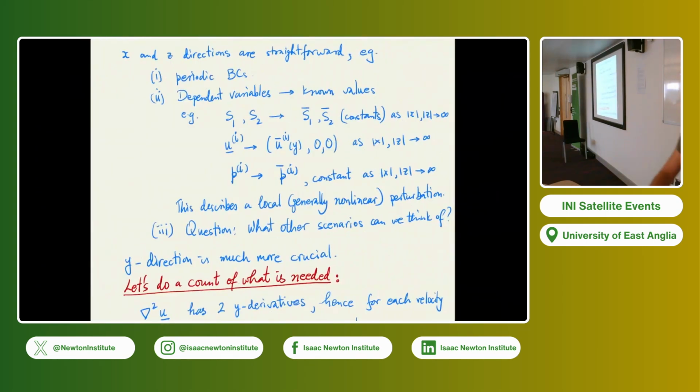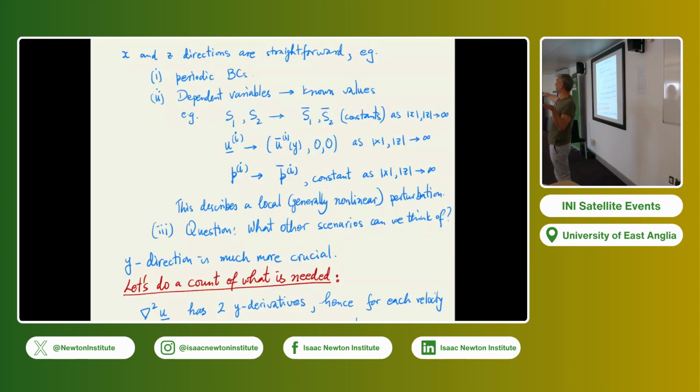Now, what about the structure of these equations? Well, what's shown here is what you do in X, right? Far away in X, not vertically, I could have things being periodic in X. So waves form and they're periodic in X. Or things could go to some steady states, right?